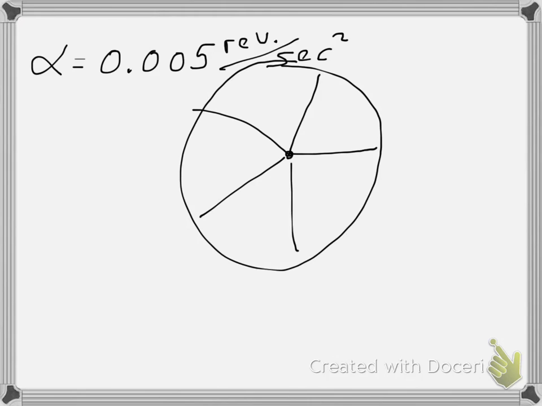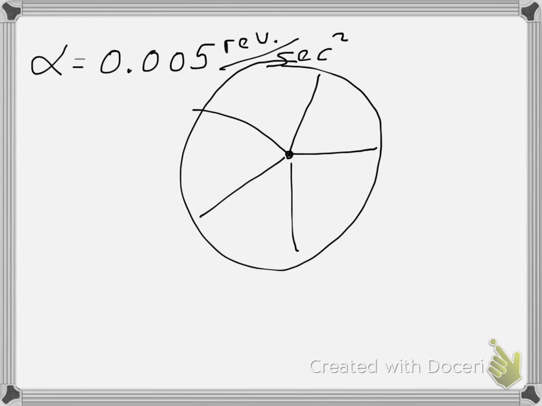Now a revolution is just 2 pi radians, so sometimes angles are measured in revolutions as opposed to radians. But 1 revolution is just obviously 1 full circle, or 1 full rotation around. Nothing too obscure there.